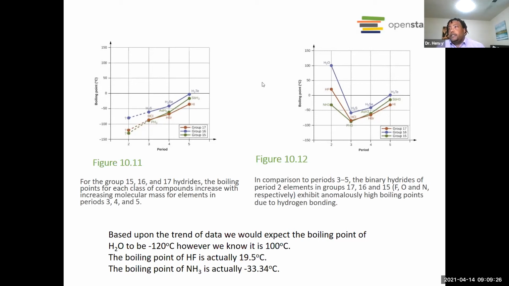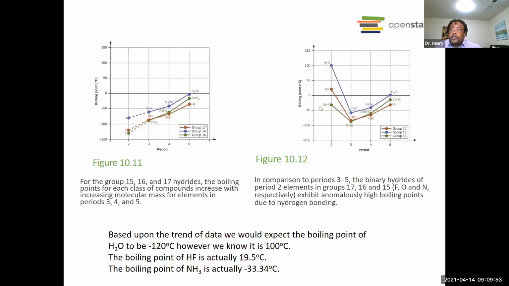Hydrogen bonding, because the strength of it is so strong compared to dipole-dipole, the actual boiling temperature of water is 100 degrees. The boiling temperature of hydrogen fluoride is 19.5 degrees.